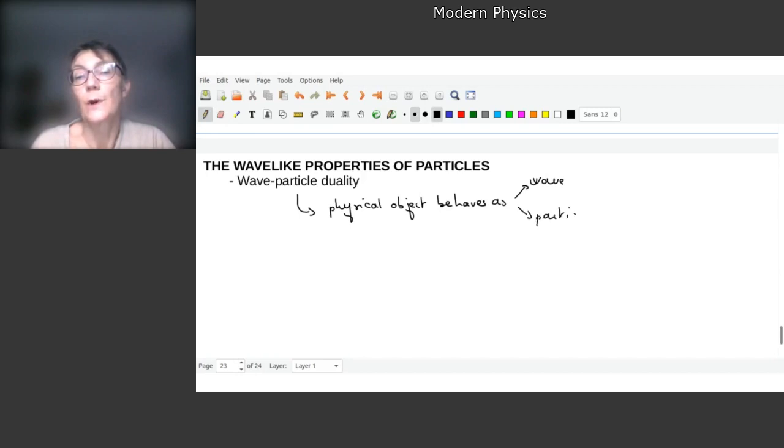And we have seen it for light, electromagnetic waves. The quantities associated with this wave are the frequency, the angular frequency, the wavelength, and so on. And they also behave as particles, you have here the photon.